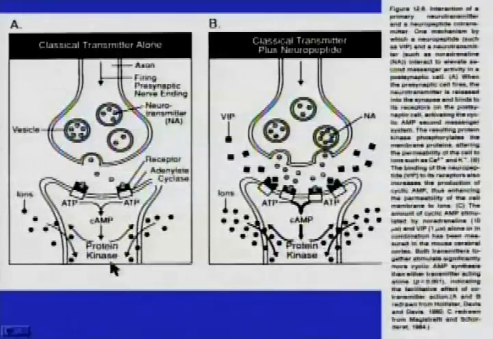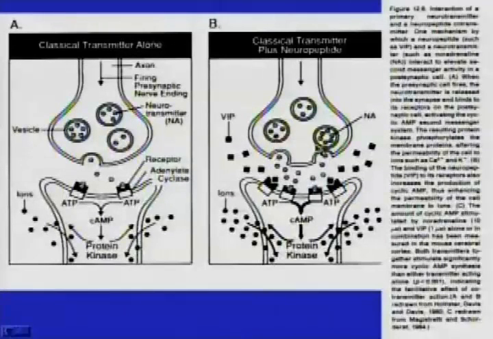Kinase means to phosphorylate. So an enzyme, it indicates that phosphorylation will occur, and kinases will phosphorylate other proteins, such as membrane ion channels that we've been discussing, and alter the ion fluxes across the membrane, and thereby contribute to changes in the membrane polarity, or the membrane potential, as we had been discussing.